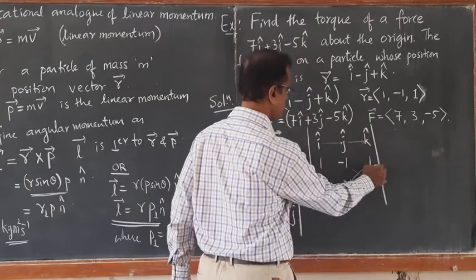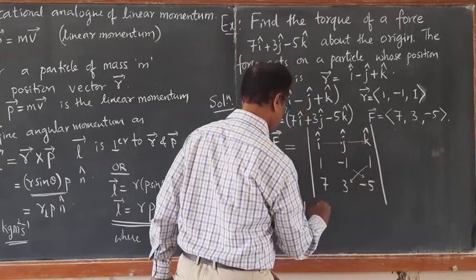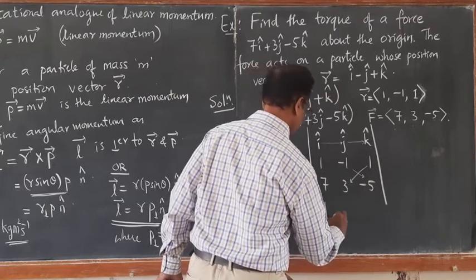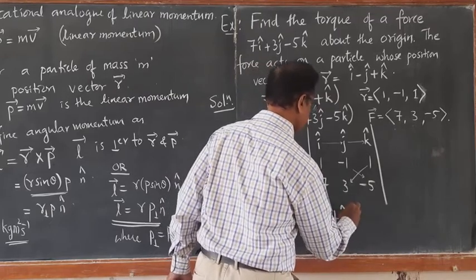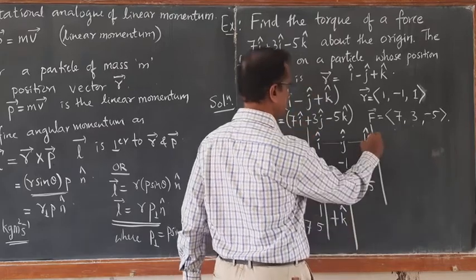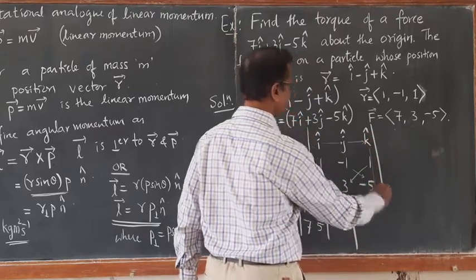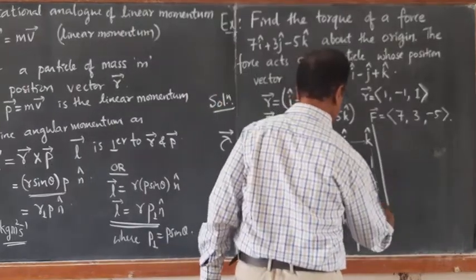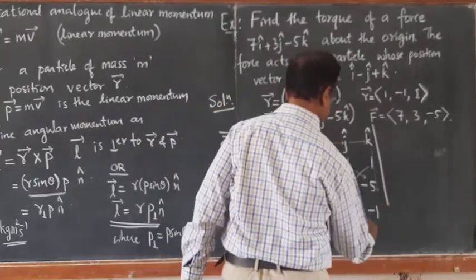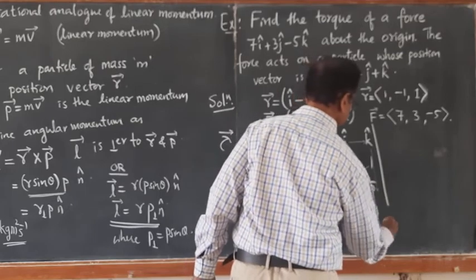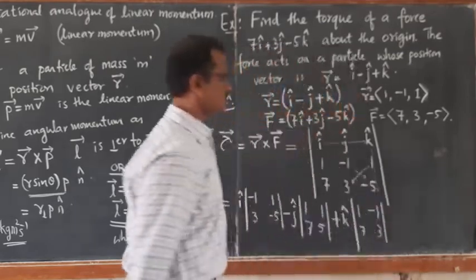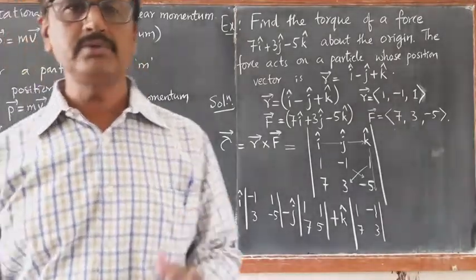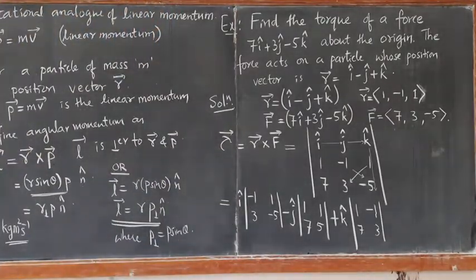You are left with 1, 1, 7, minus 5. Plus k: leave the first row and third column. So you are left with 1, minus 1, 7, 3. Now you have to solve for this final step. That gives you the result for torque.